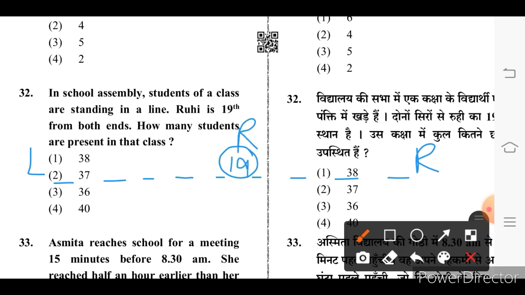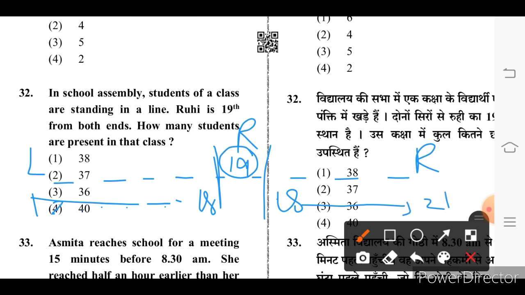So up to Ruhi from the left side there are 18 members, and on the right side also 18 members. 1, 2, 3 and so on, 18 members here, and here also 18 members.